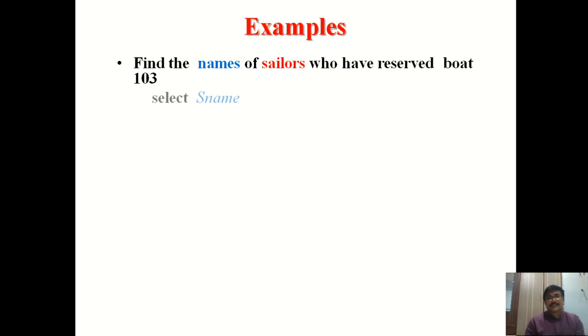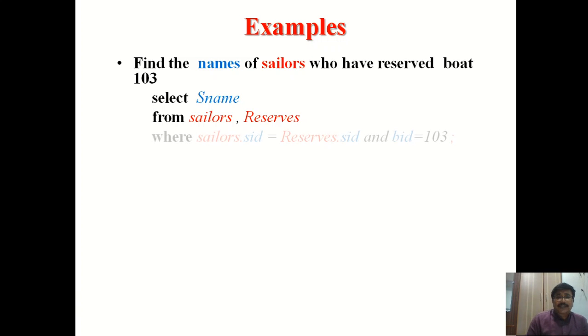For this query, select S.name, we need to display this. That's why select S.name from both tables, because names are in the sailors table and reservation details are available in the reserves table. The FROM clause uses both relations, sailors and reserves. And the condition is boat ID equal to 103, and one more condition I have written here: sailors.sid is equal to reserves.sid.